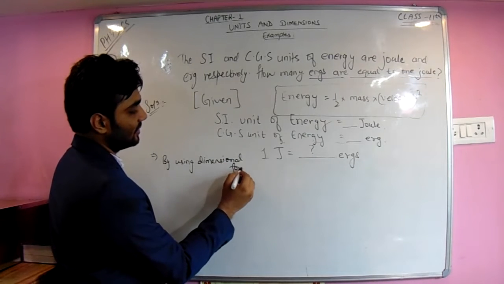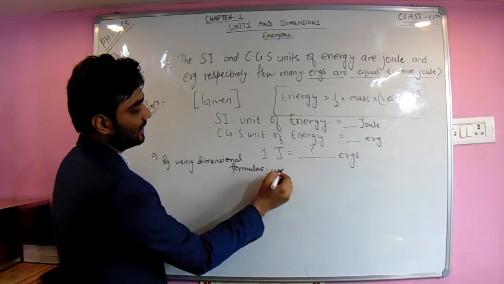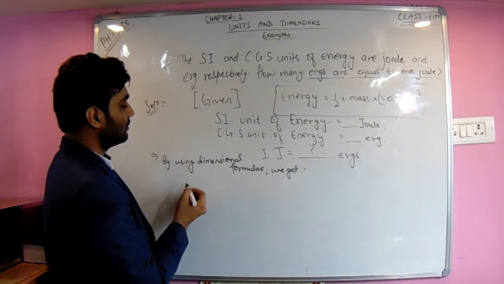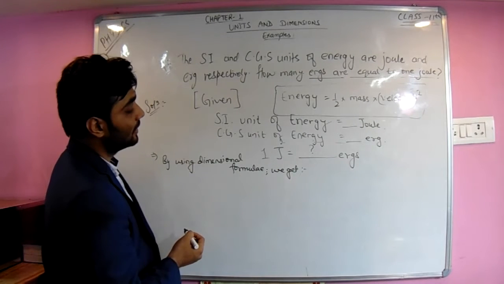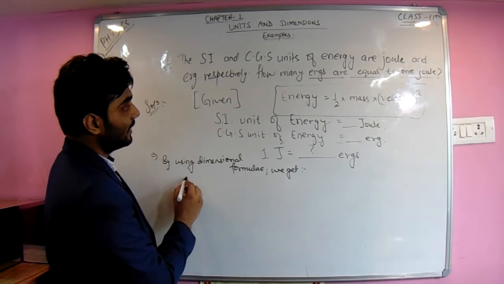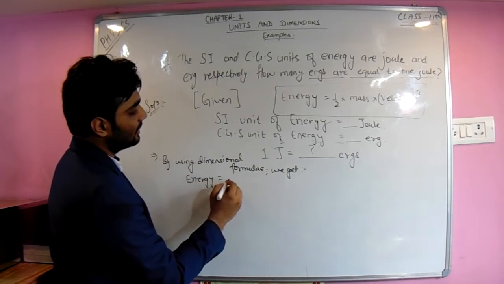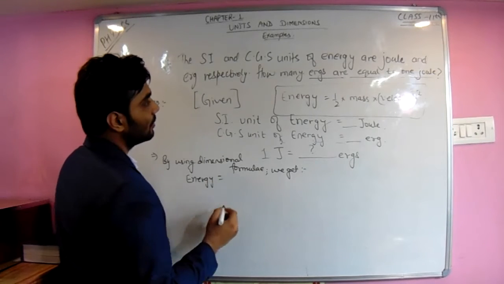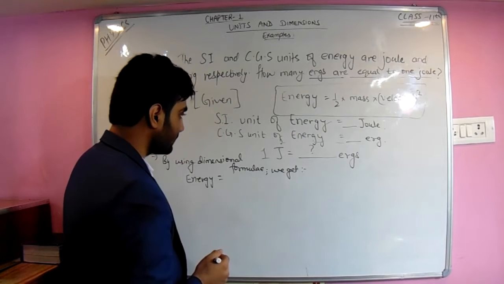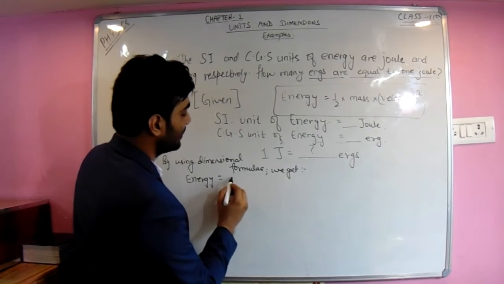this is important to write. You have to write this one line. By using the dimensional formula, E is equal to half m v squared. 1 by 2 is dimensionless, so we cannot use it.